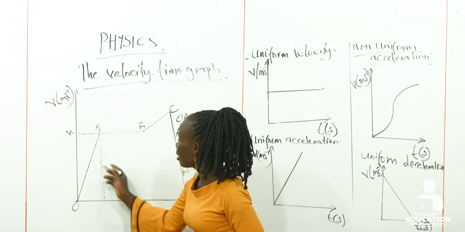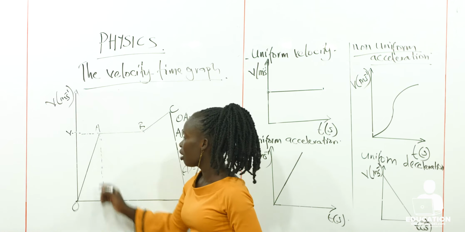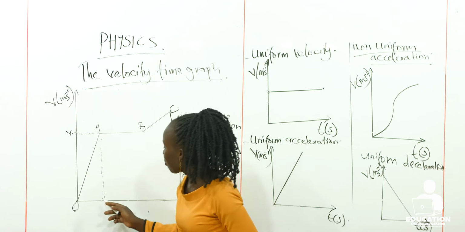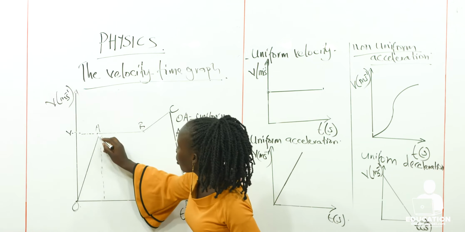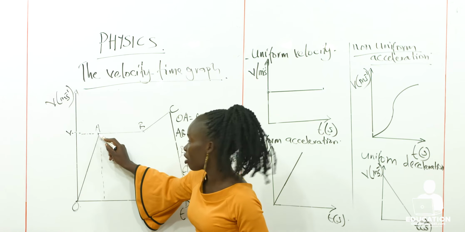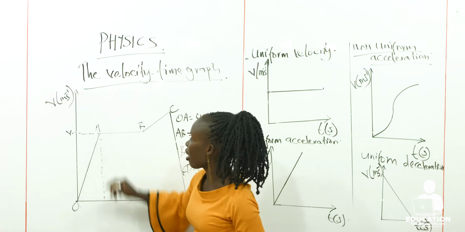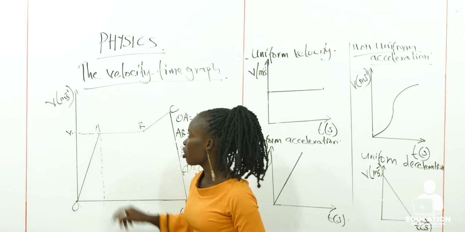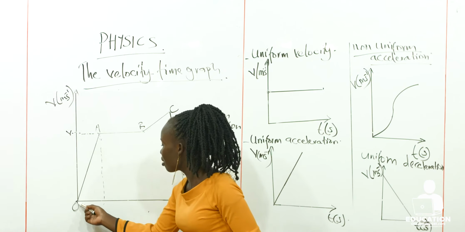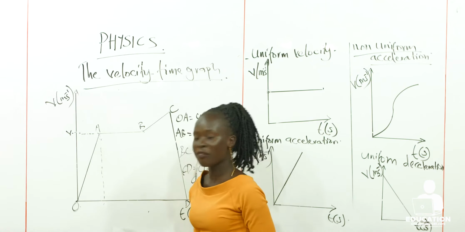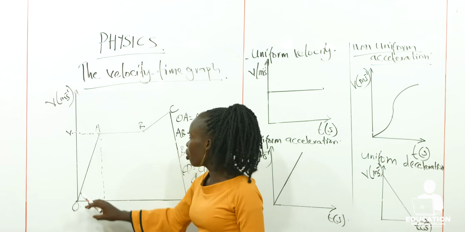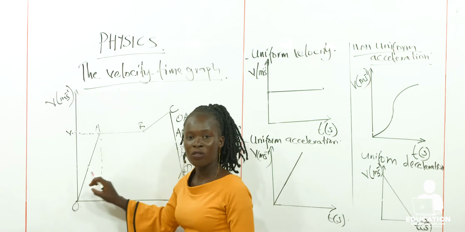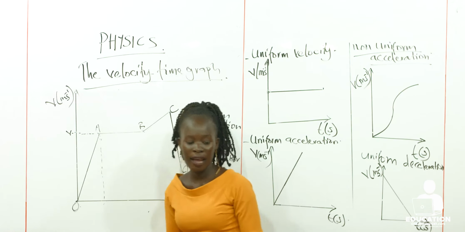You can easily find the space in a triangle: the velocity the body attains when it reaches uniform velocity becomes the height of your triangle, and the base is the time taken for the body to move from O to A. So when you know that, you can use that formula to find the distance.